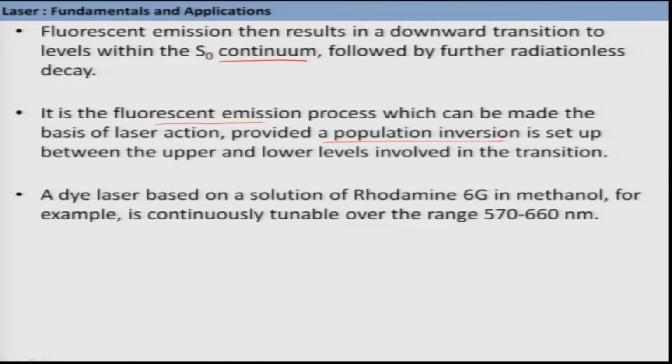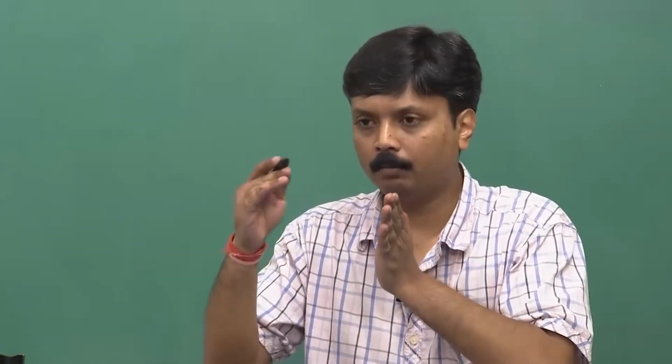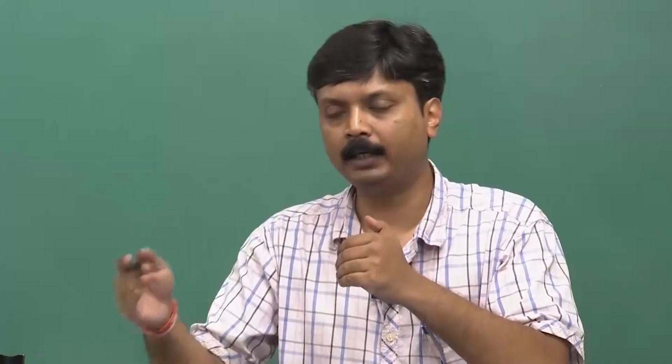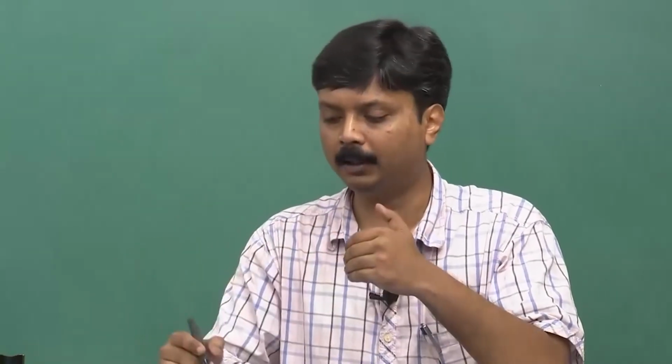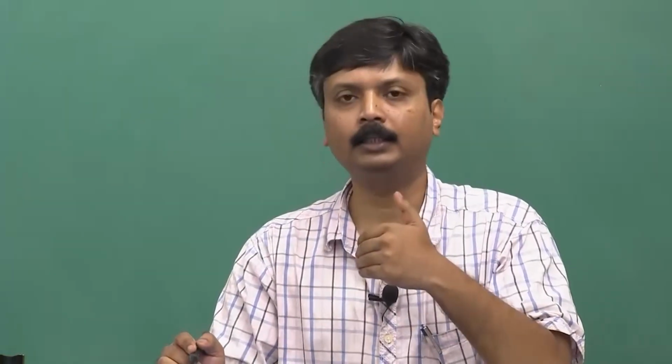For example, a dye laser based on rhodamine 6G dissolved in methanol is continuously tunable over this range. So what is this tunability? Whenever we say this is the range of tunability for any particular laser, what we mean is that the emission spectrum has this range, and I can select a particular wavelength and achieve a tunable laser source.